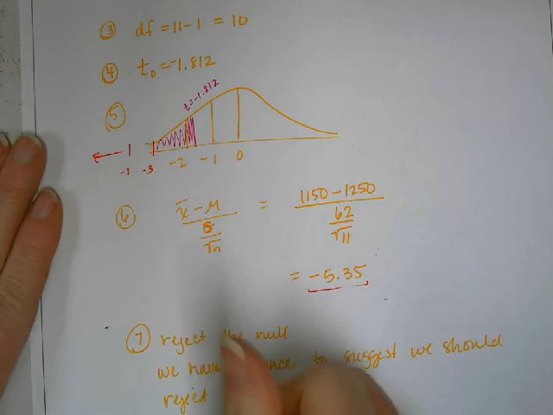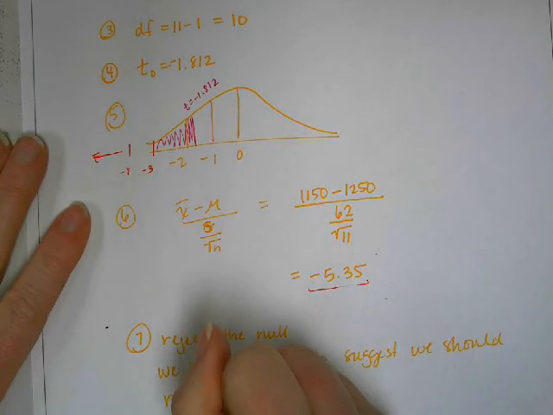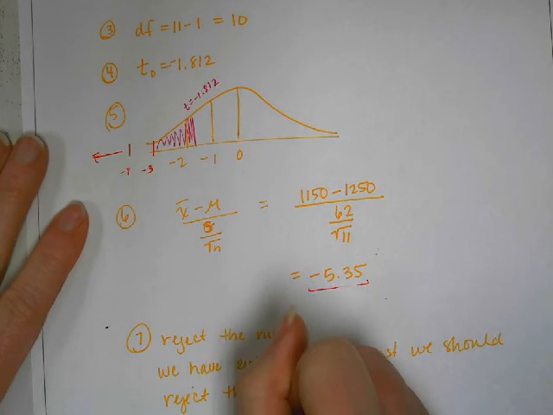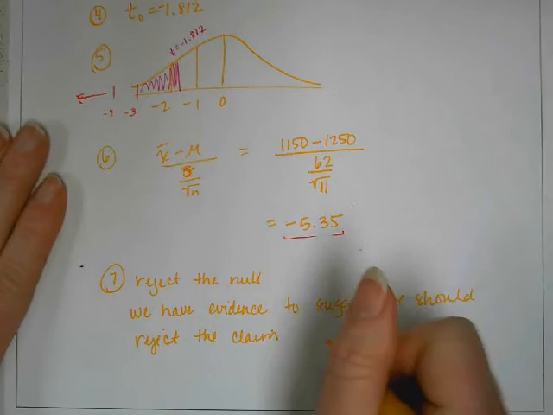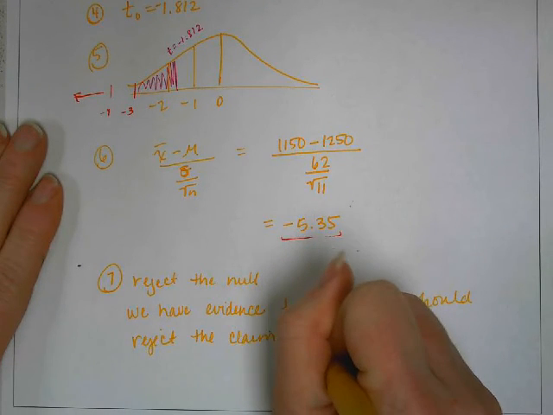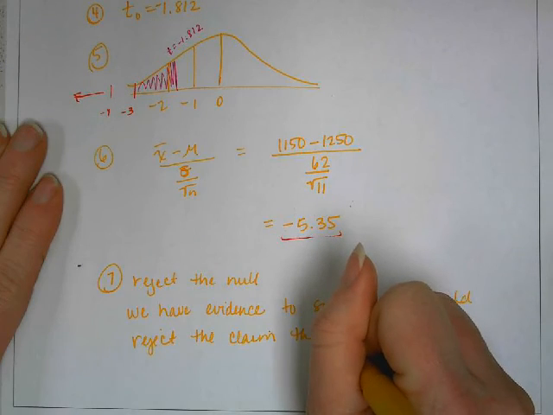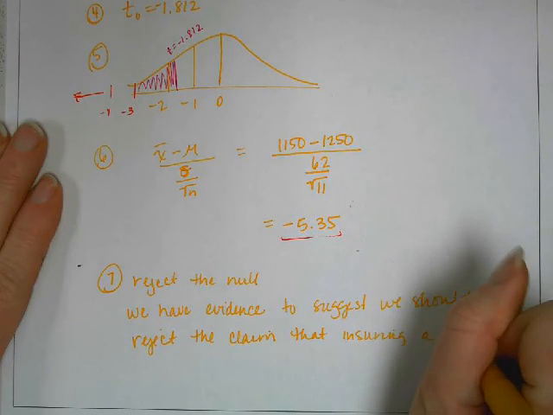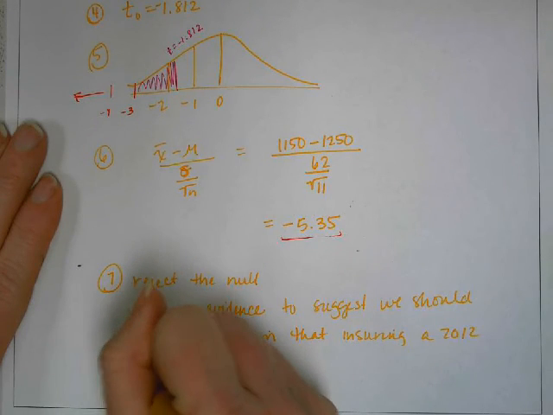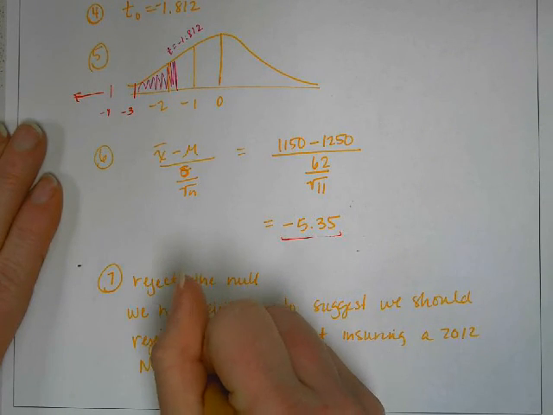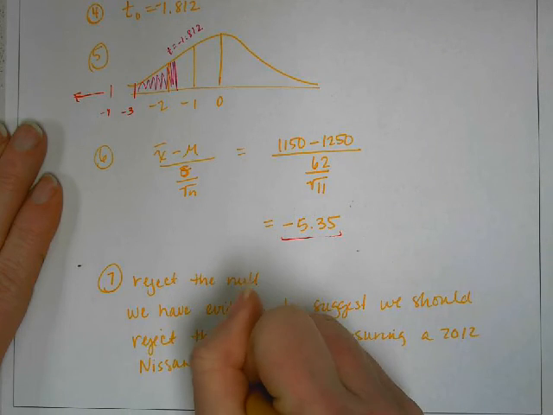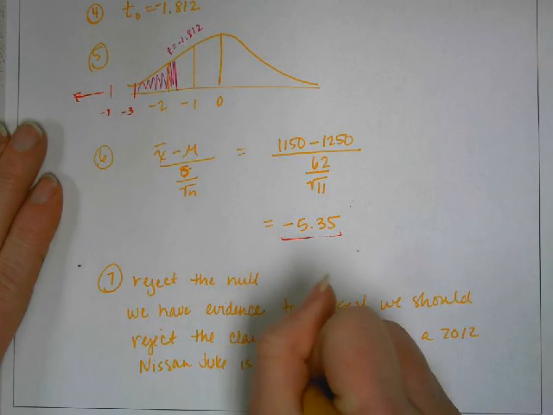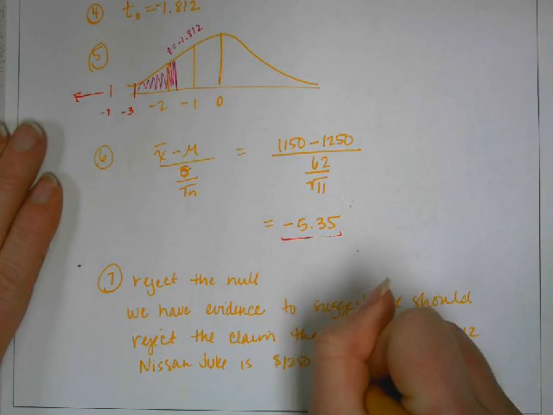And instead of saying reject the null, it's the claim. So I'm going to say reject the claim that insuring the 2012 Nissan Juke is $1,250 or more.